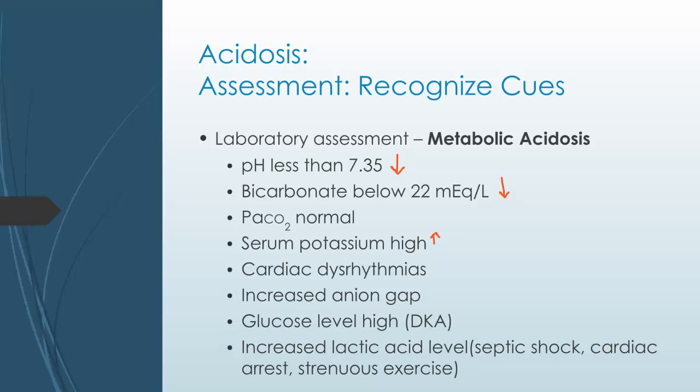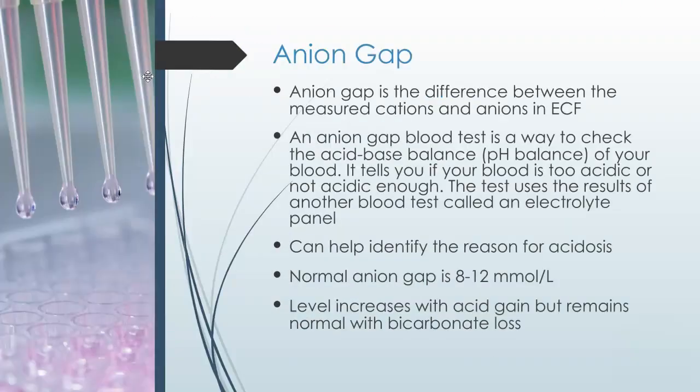We still have the risk for cardiac dysrhythmias. We're going to see an increased anion gap, and I'll talk about that later on. And if they have DKA, we'll see high glucose levels. An increased lactic acid level is going to be there for septic shock, cardiac arrest, or if it's secondary to strenuous exercise.